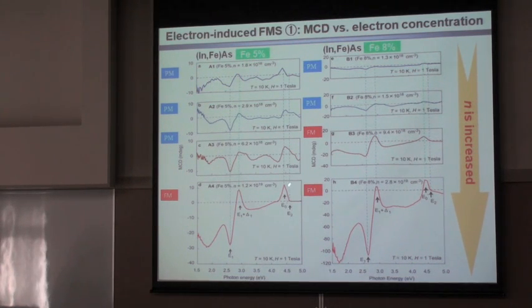And similar results were obtained in this series of samples with a fixed iron concentration at 8%. With increasing electron concentration, we see enhanced MCD peaks at each critical point energy, and the sample changed from paramagnetic to ferromagnetic. So this shows the electron-induced ferromagnetism in this material.